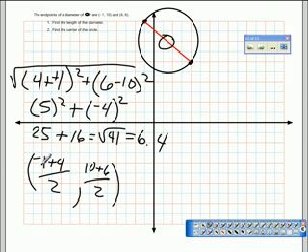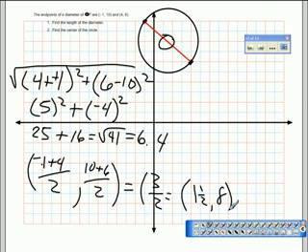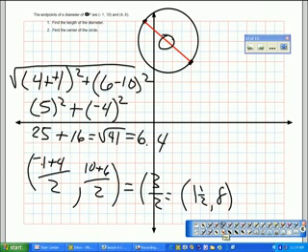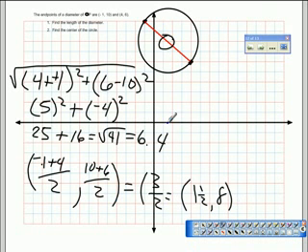Negative 1 plus 4 is 3, divided by 2 is 3 halves, or 1.5. And my y, 10 plus 6 is 16, divided by 2, 8. So my midpoint is (1.5, 8), which would put it right there.